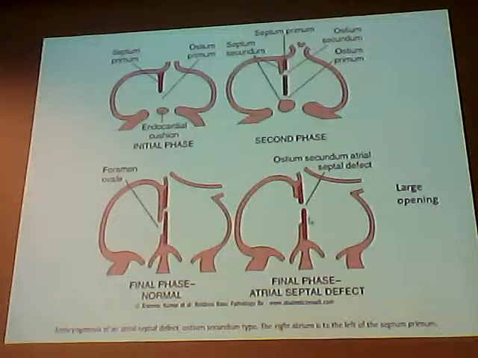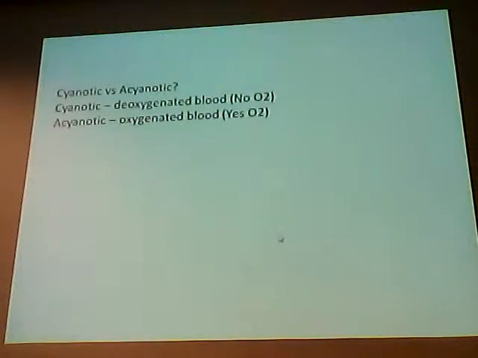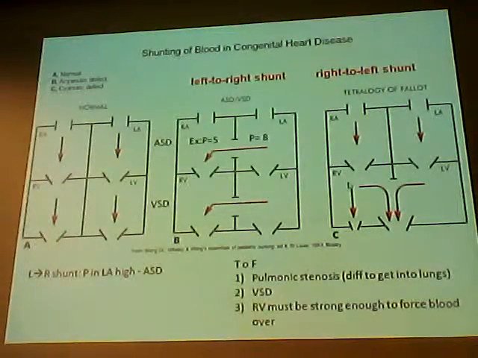Then whichever side has the greater pressure dictates the blood flow direction. Normally, you would not see blood getting through left to right. So this is the normal foramen ovale. But if we have an opening here, the left side of the heart usually has higher pressure than the right side, so blood gets forced from high pressure on the left through to the right side, and you would have less blood flow basically. Then you also have another case called tetralogy of Fallot, which we'll talk about later, which involves a right to left shunt.